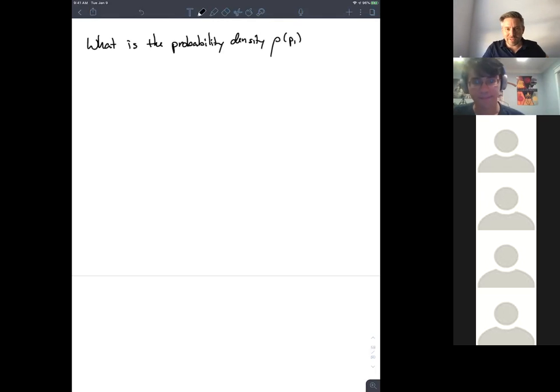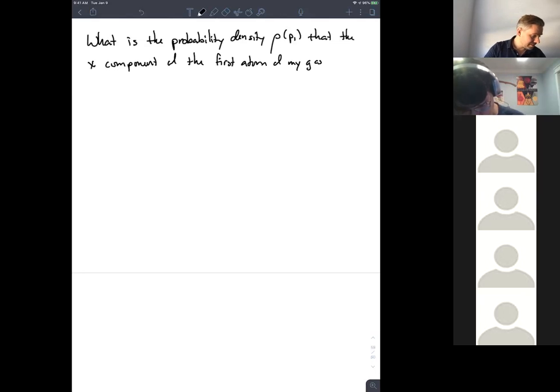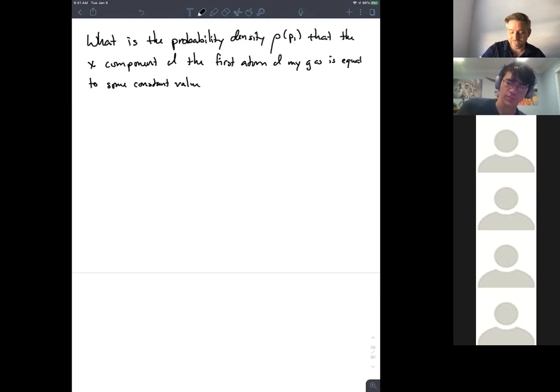So what is the probability density, rho of P1, that the X component of the first atom of my gas is equal to some constant value? Guess what I'm going to call that constant value?